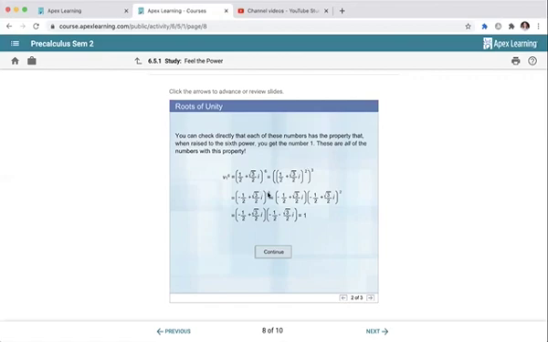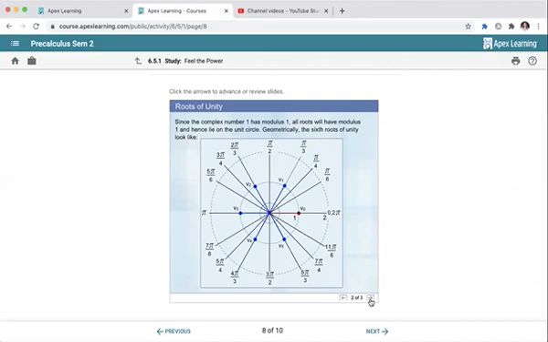Same thing here. If we've got something raised to the power of 3, we can separate this out even further. And then of course looking at its complex conjugate, we eventually get down to equals 1.